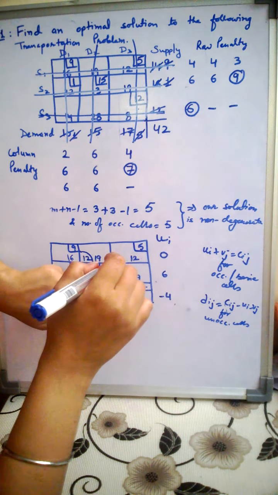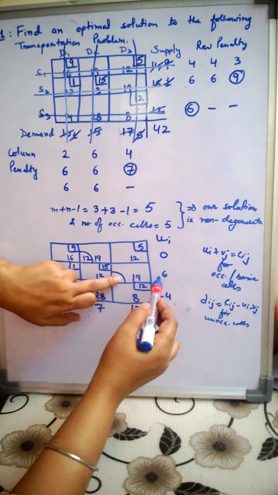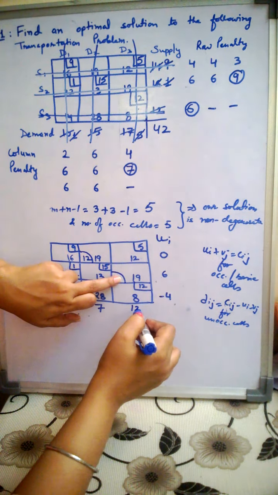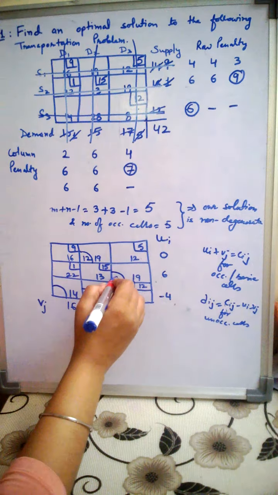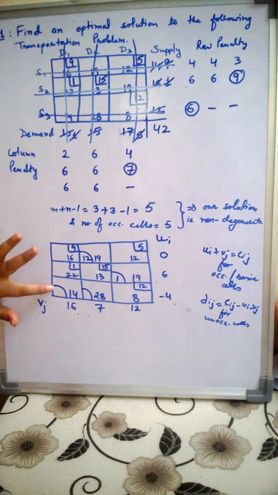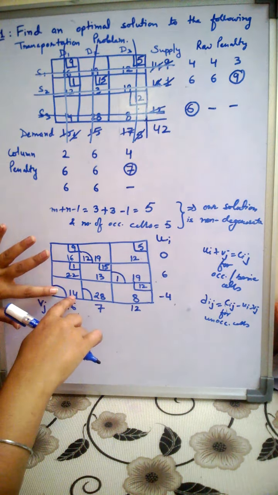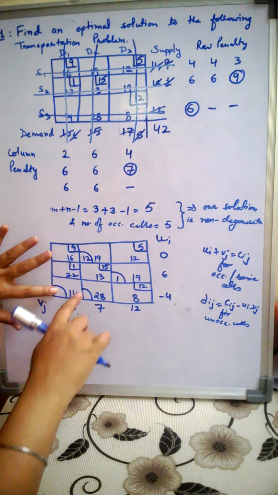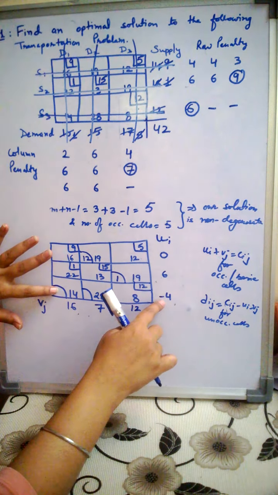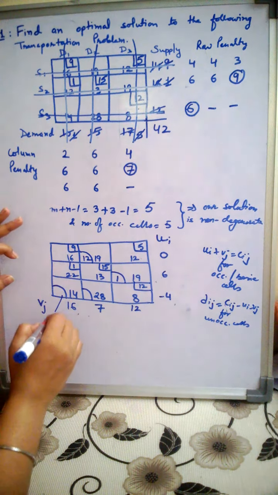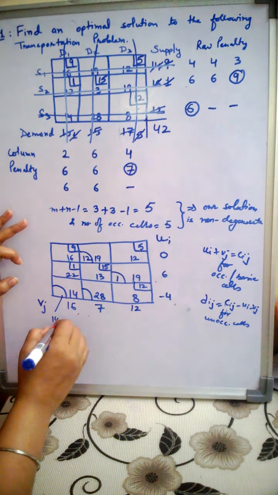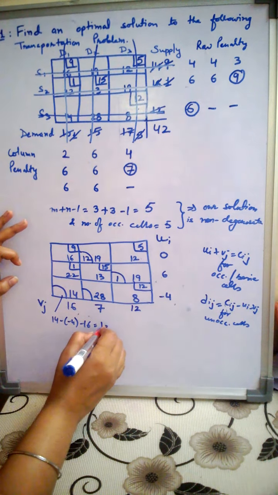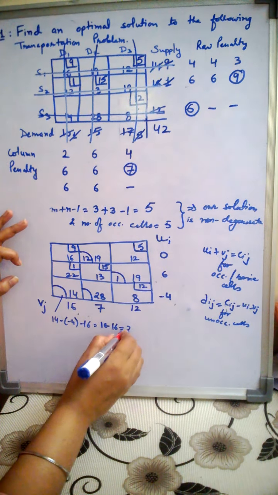Now coming to this particular cell, this is C, this is U, and this is V. So 19 minus 6 minus 12 will be 1. Now coming to this cell, 14 minus of minus 4 minus 16. So for this cell my dij will be 14 minus minus 4 minus 16, that is 18 minus 16, which is 2.